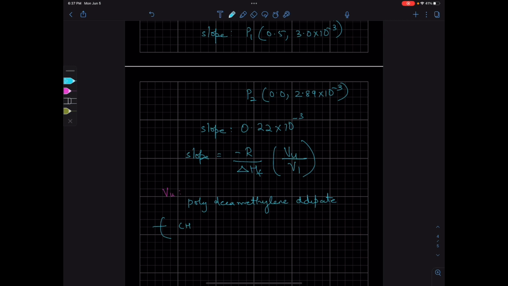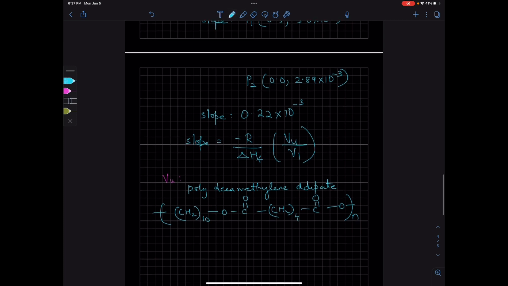Decamethylene is CH2 10 times, and then adipic acid is CH2 4 times COOH. So that would be OCO, CH2 4 times COO, and so on. So this is the polymer structure.